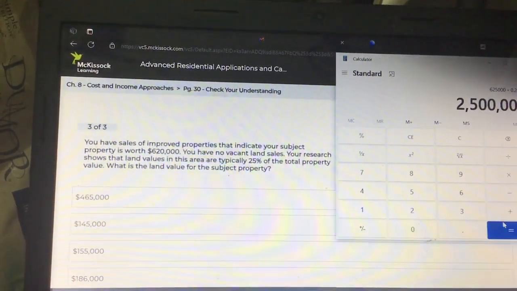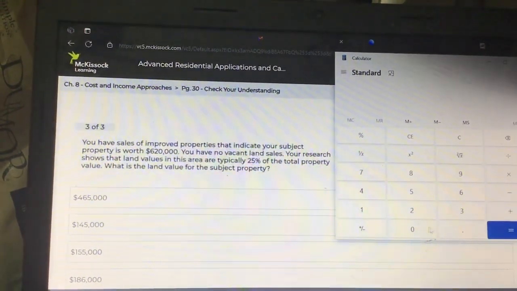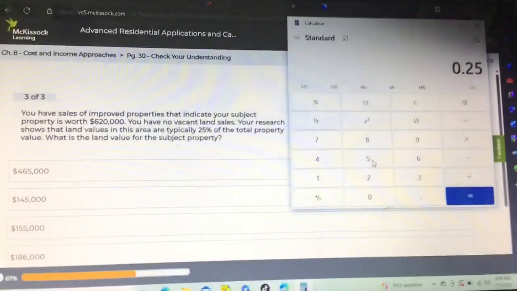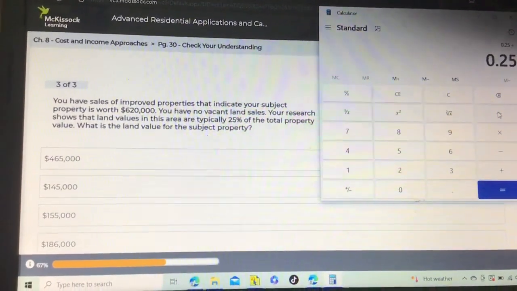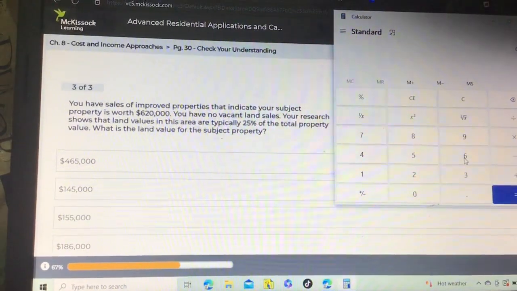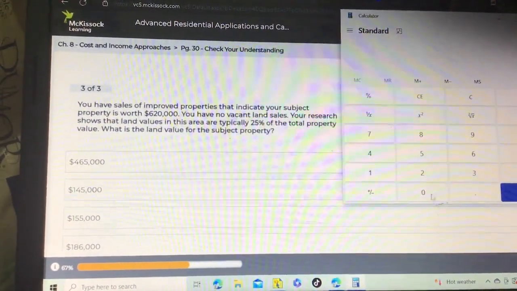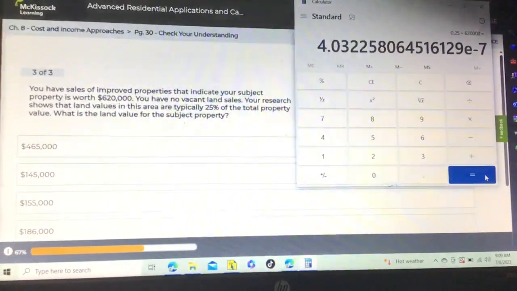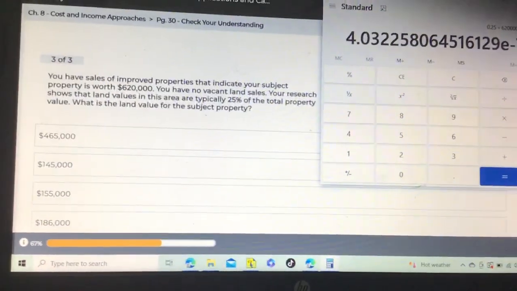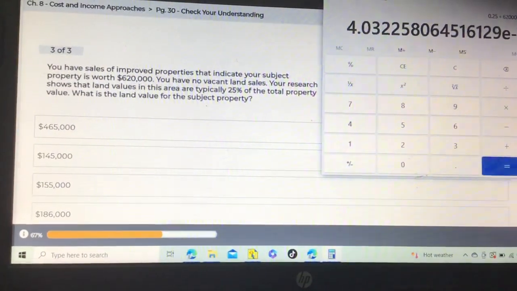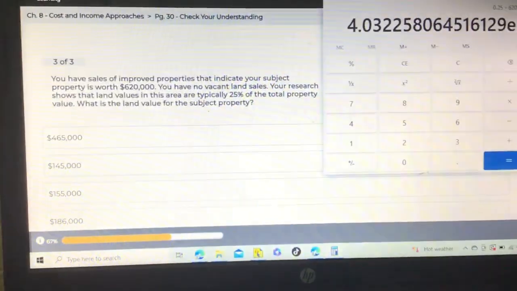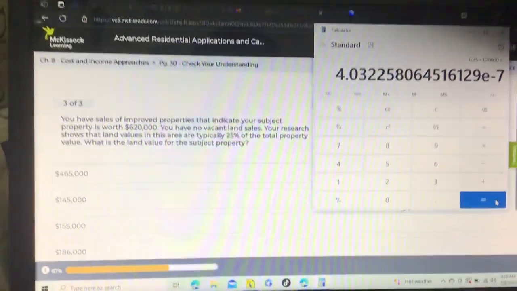Let's try it the other way then. 0.25 divided by 620,000 equals, we got 4.032. Okay. We just have to solve this.